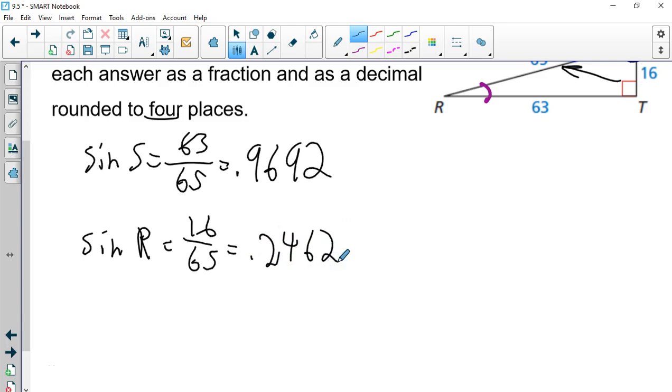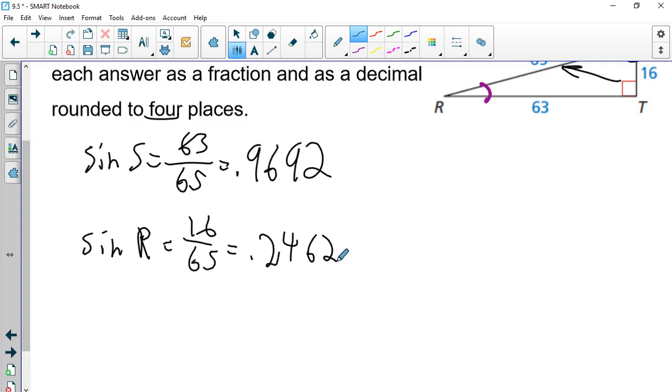No, 0.2426. Sorry. Okay, I lied. I was right the first time. It was 0.2462. Okay, so there you go. 16 out of 65 is basically 24%, 25%. 63 out of 65 is close to 97%. So that's where those decimals come from.